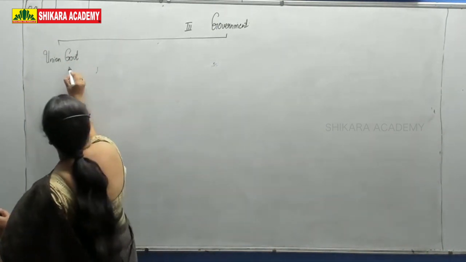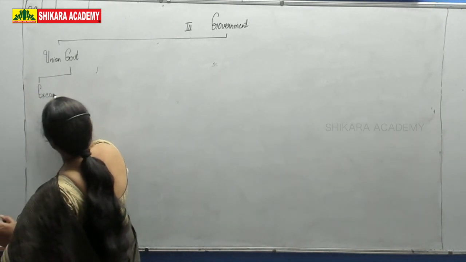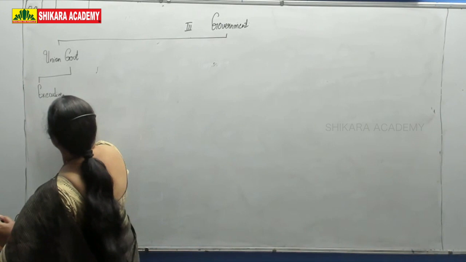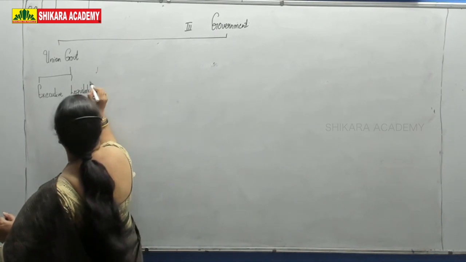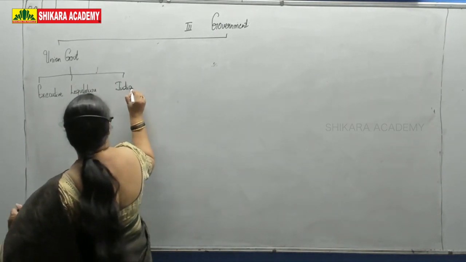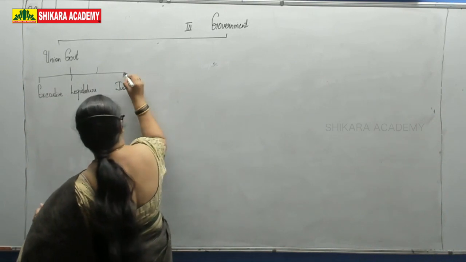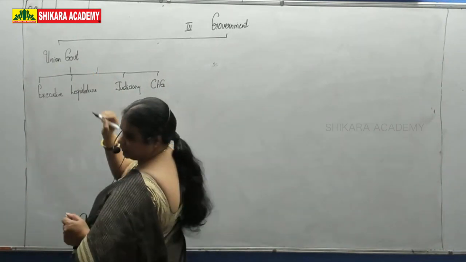In this, we have executive, legislature and judiciary. I'm going to explain what is executive, legislature, judiciary, government, governance, all this in the introduction chapter, so don't worry about that. Along with these three, there is another important office called CAG, under the Union Government.